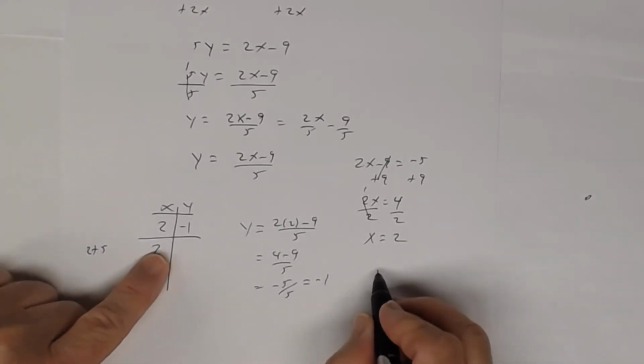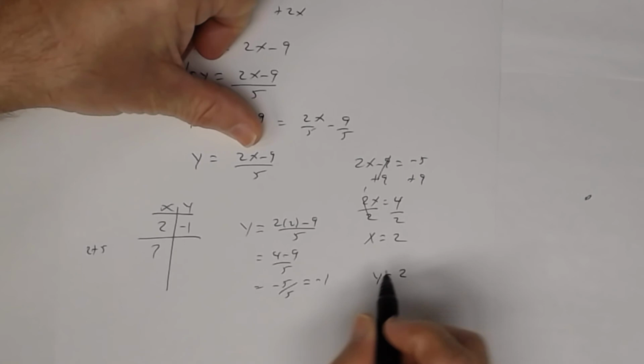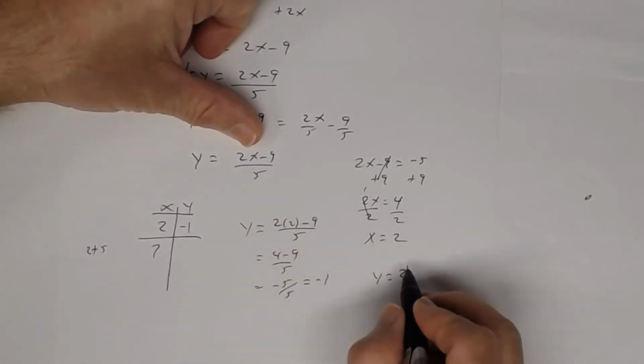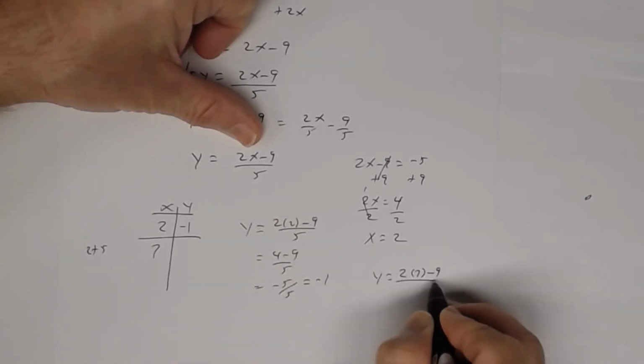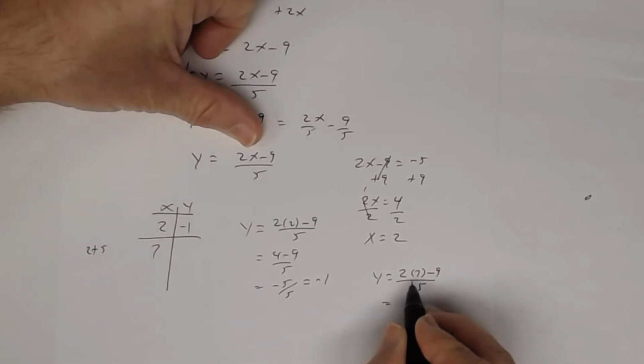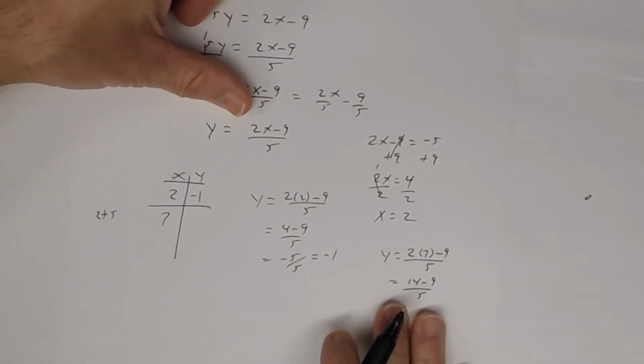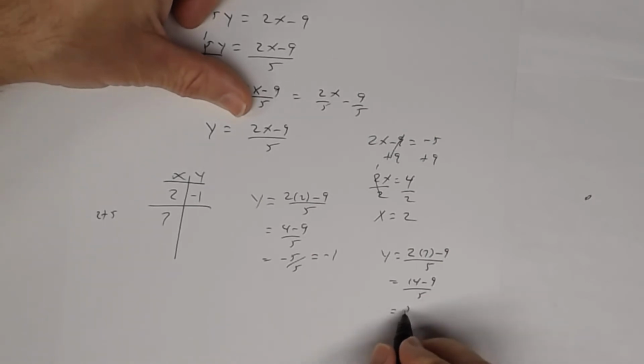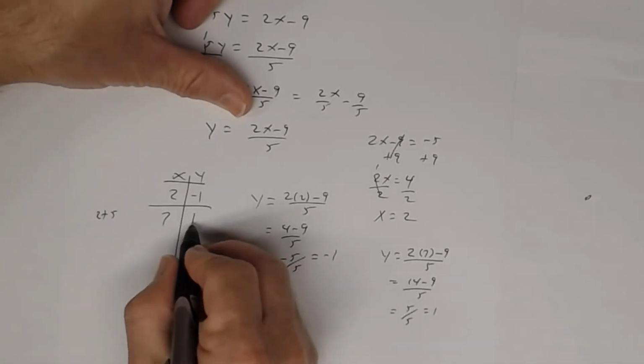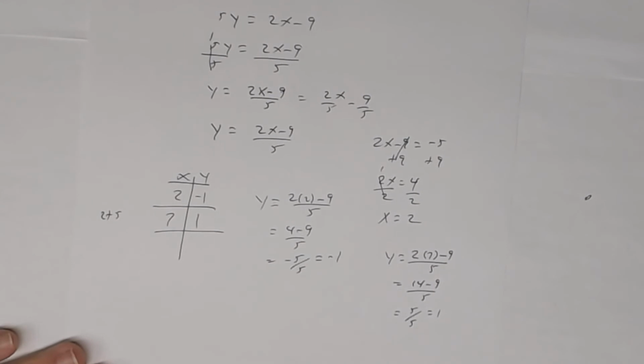So let's do it. Y equals 2, where we see the variable x, you substitute 7. 2 times 7 minus 9 divided by 5. 2 times 7 is 14. 14 minus 9 divided by 5. 14 minus 9 is 5, and 5 divided by 5 is 1. There you go. You found one, right?